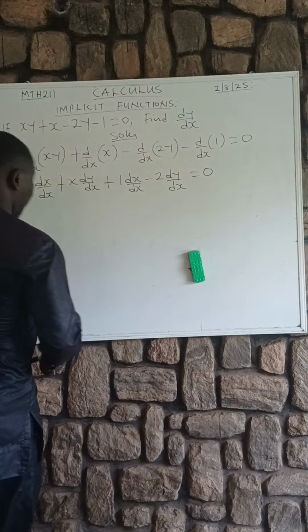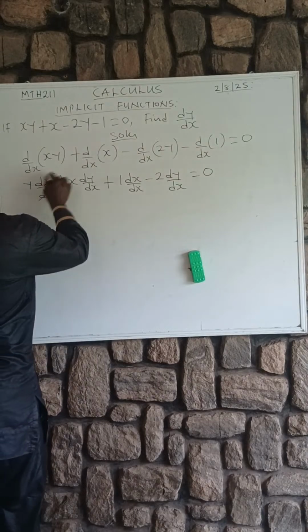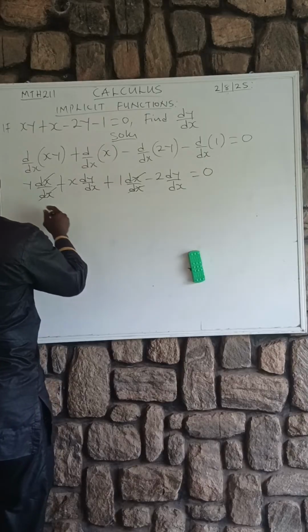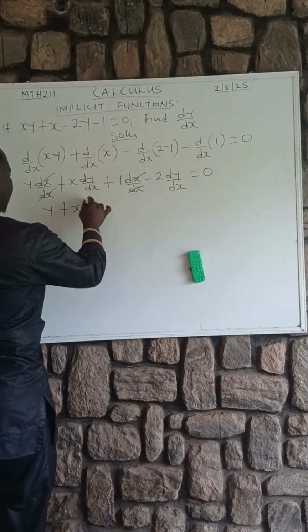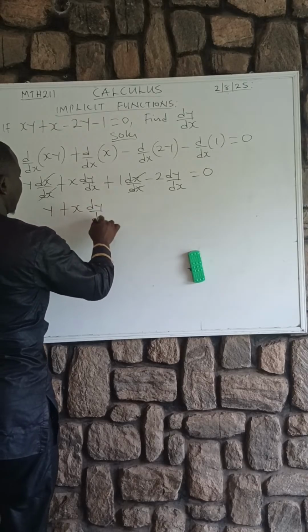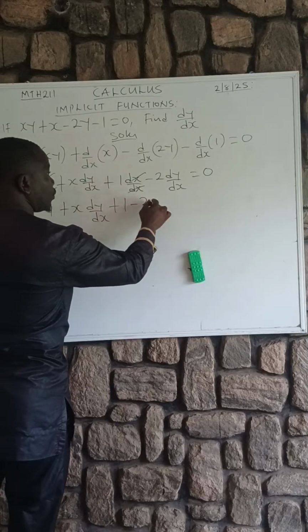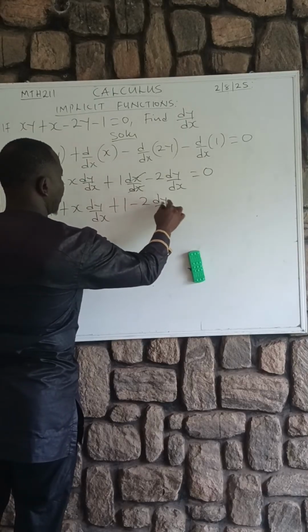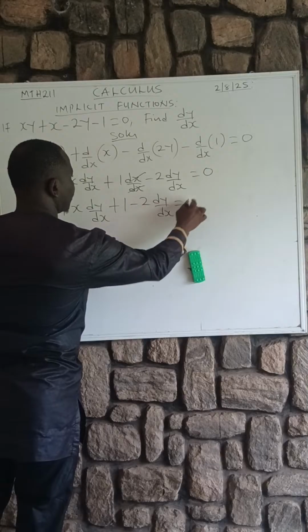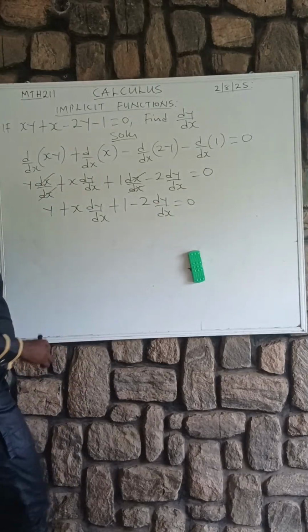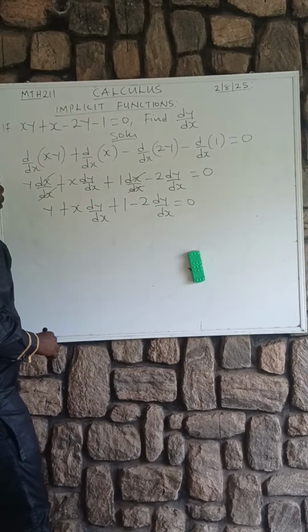Okay. So this and this will go, this and this will go. So we have y plus x dy/dx, plus 1 minus 2 dy/dx equals 0. So we collect like terms.